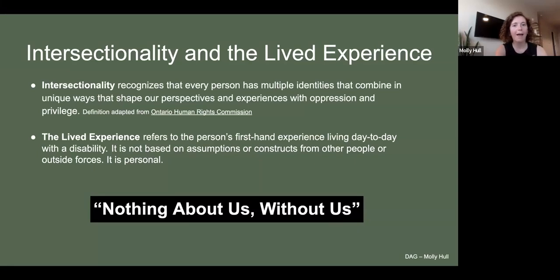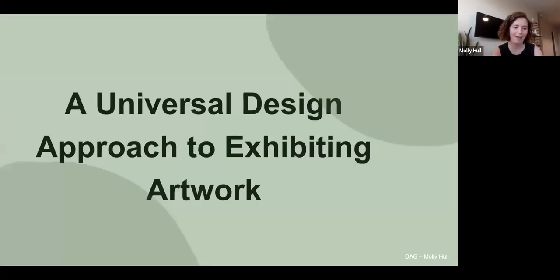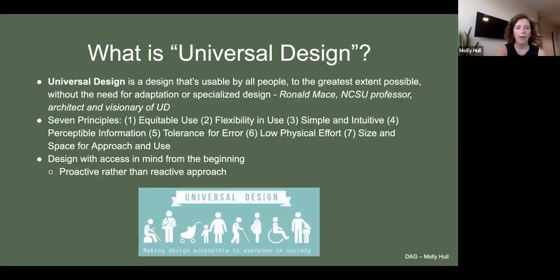So now that we have a baseline understanding of disability, I want to transition into thinking about how we can approach exhibiting art in a universal and accessible way. We actually live in the birth state of universal design.